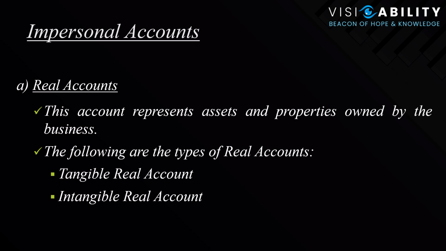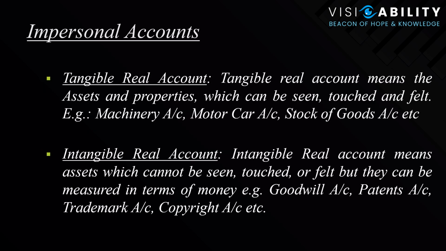Now, what are the examples of these? The impersonal accounts, the tangible ones, examples could be a machinery, a motor car, a stock of goods, or a building, as I already told you. All these could be termed as a real account, which is a thing, which we call it as a thing in our day-to-day lives.